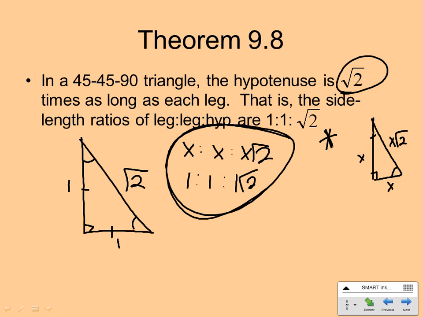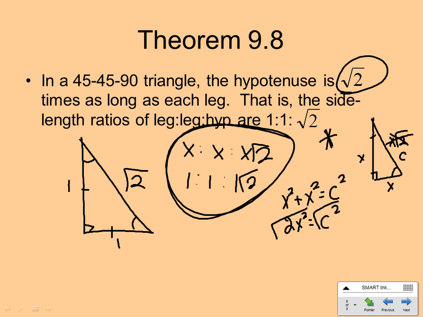Pythagorean theorem, right? So if I did not know this, I'm calling that c. So you have two variables. I'm solving for c. So I have x squared plus x squared is equal to c squared. How many x squareds do you have on the left? You got 2x squared is equal to c squared. So now I can square root both sides.